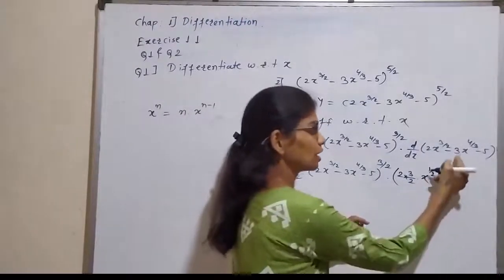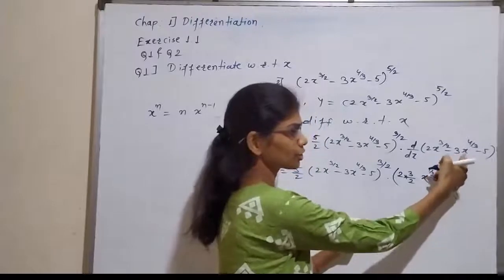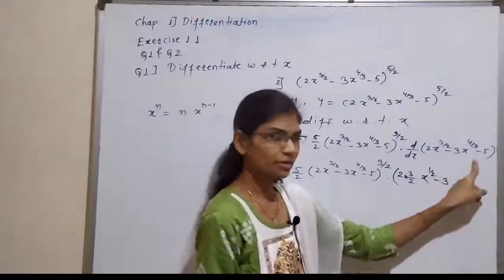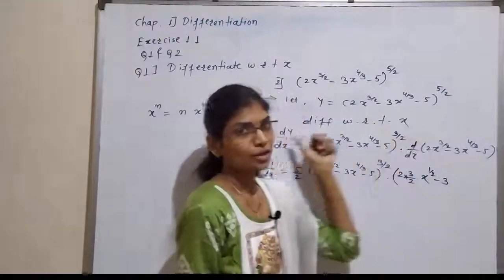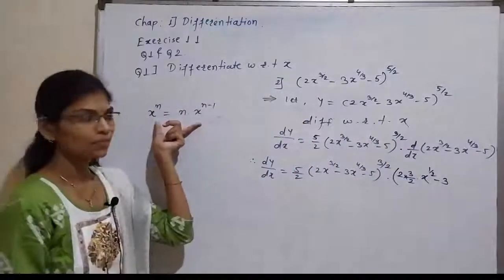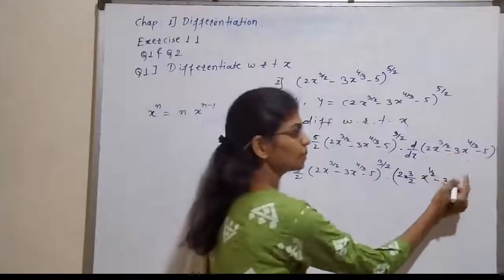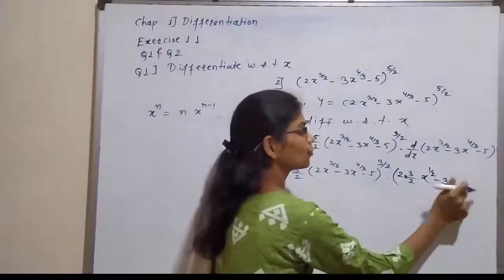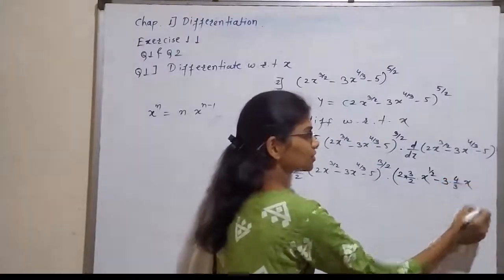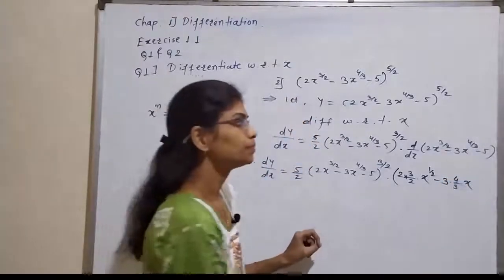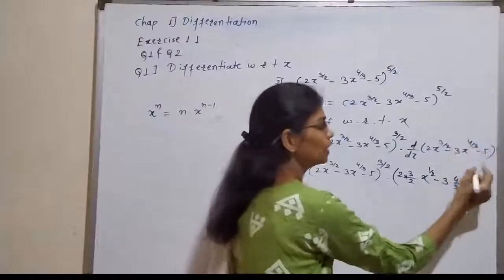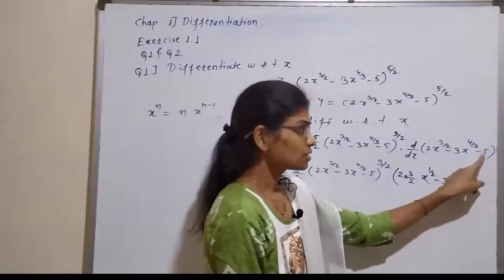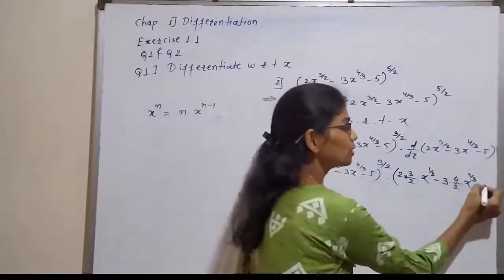Minus, again 3 is multiplied with the variable, so 3 as it is, x raised to 4 by 3, and again we use that formula. Therefore 3 multiplied by 4 by 3 into x raised to the index less by 1, 4 by 3 minus 1, becomes 1 by 3.